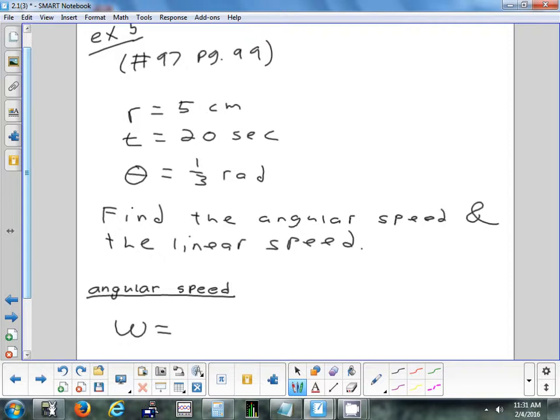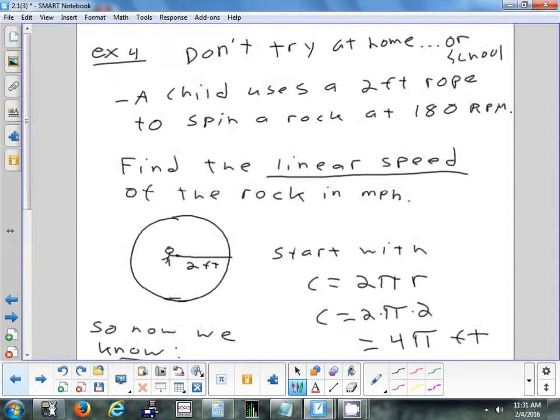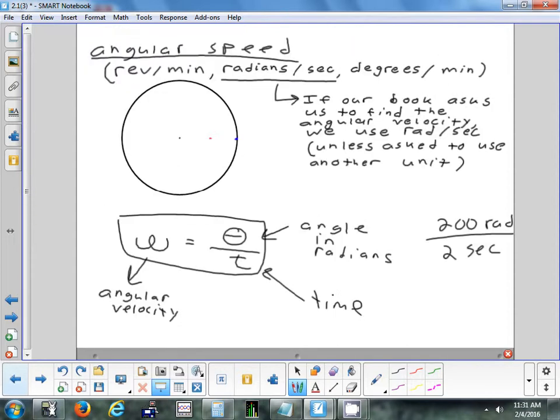They're telling you in 20 seconds, it went 1/3 of a radian. It'd be a lot simpler if they just said how far it went in 1 second. So that's the first thing I want you to figure out. Angular speed. And remember, you have a formula. W equals, take your angle in radians, divide by the time.